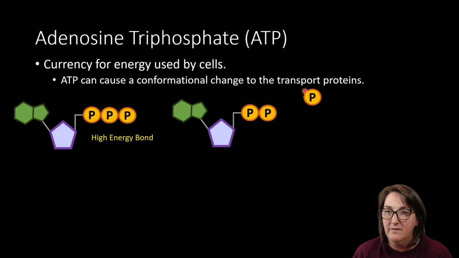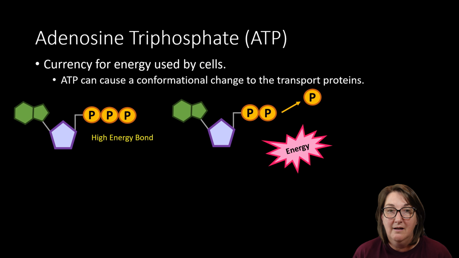If I add this phosphate, I change the shape of the protein, and I can change the way it works. I do a conformational change. Later, this phosphate will leave the protein, and it will conform back to the way it was. This is enough to give it just a little bit of energy to allow the cell to do work.